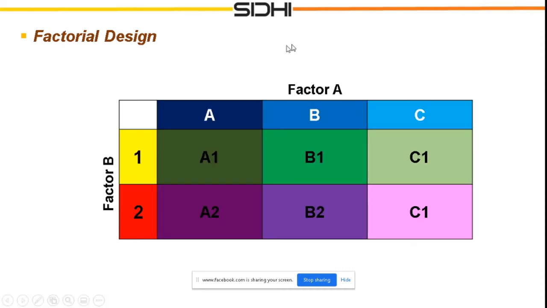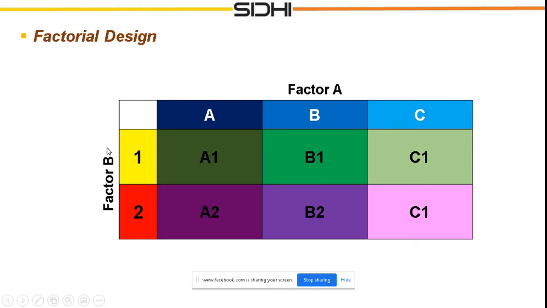How does it look? For example, you have a factor A and a factor B. Your factor A has 3 levels or 3 types, whatever that is, and your factor B has 2 types or 2 levels. Your factorial design would let you see the effect of the interaction between factor A type 1 and factor B type 1, and so on. For example, here I have different nitrogen levels: level 1, 2, and 3.